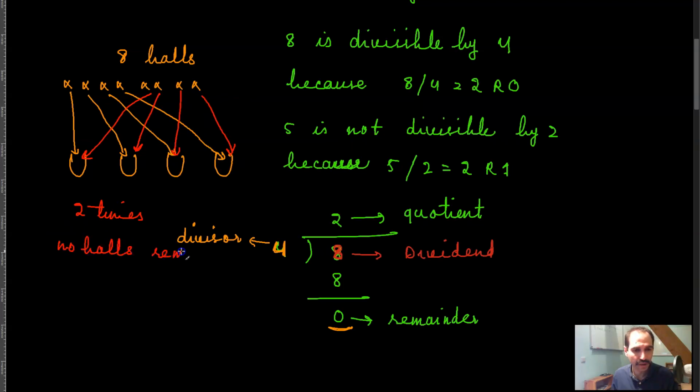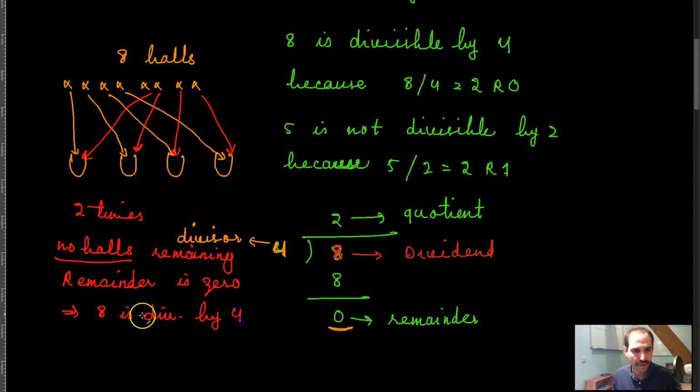No balls remaining, right? So when you say no balls remaining, that means your remainder is 0, which means that 8 is actually divisible by 4. And when you say that you could do this process 2 times exactly, that is your quotient.